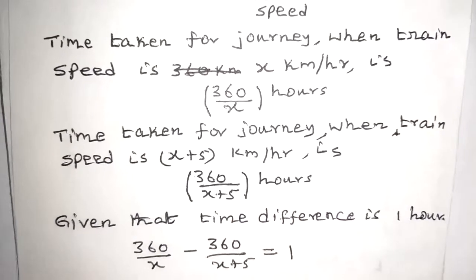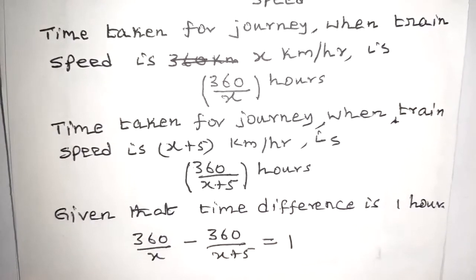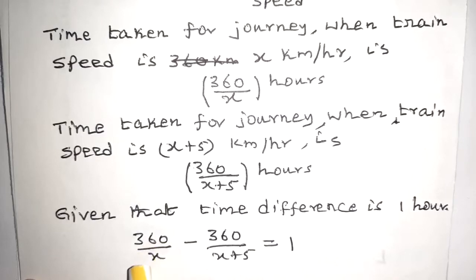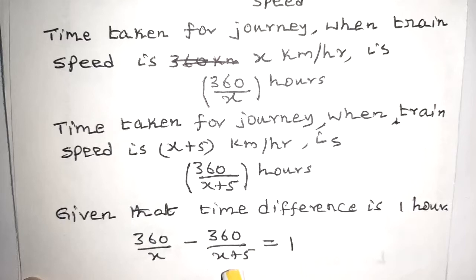Now, by the given condition, we get this: this is the time taken when the train travels with speed x, and this is the time taken by the train when it travels with speed x plus 5.